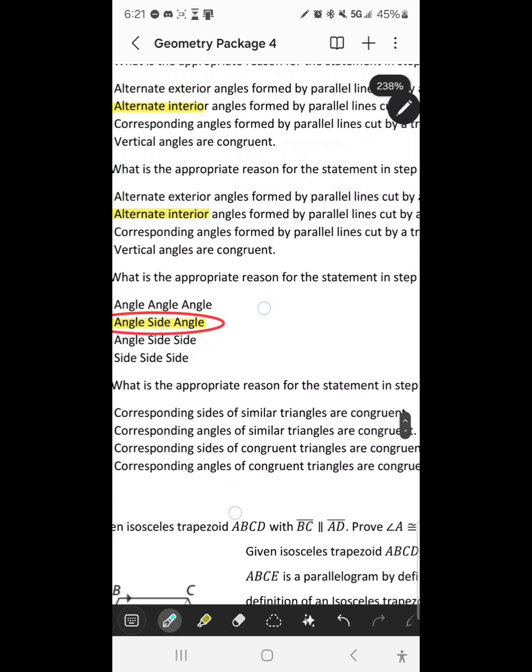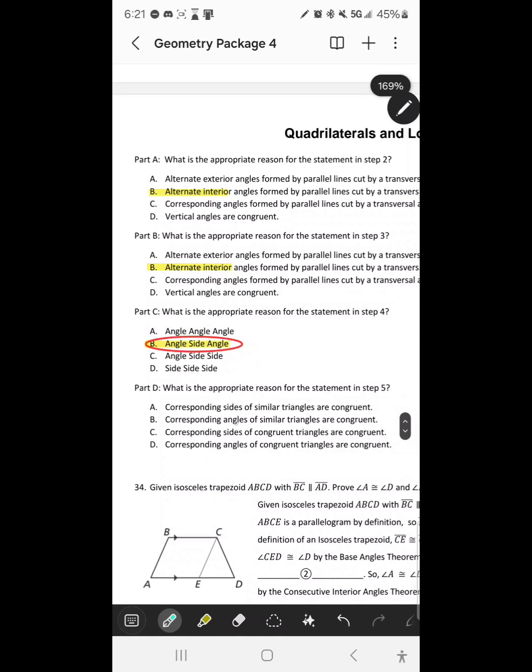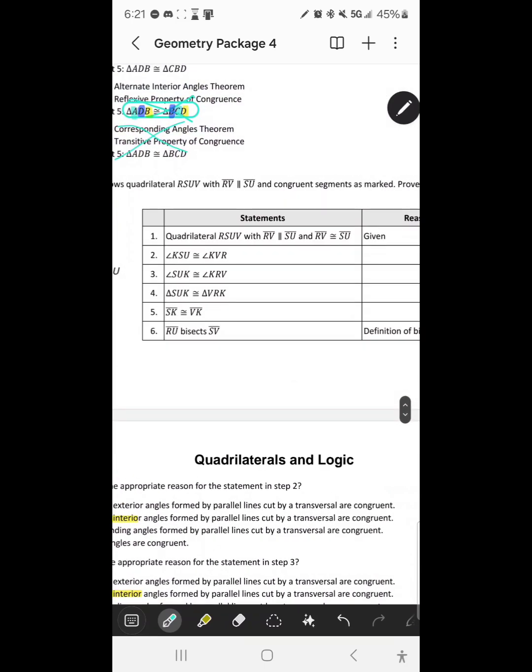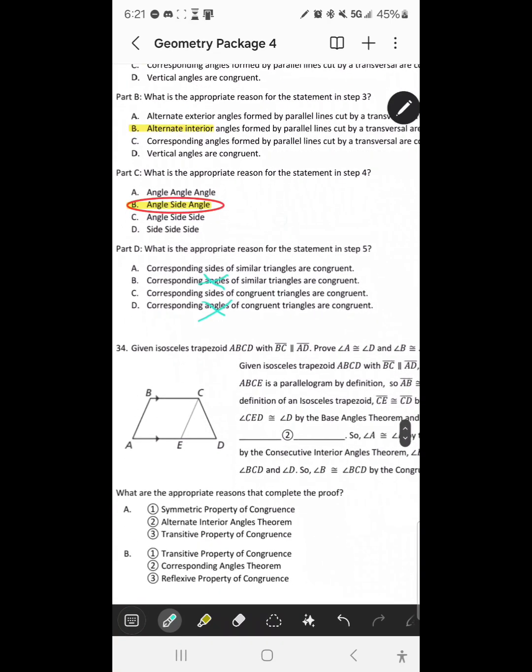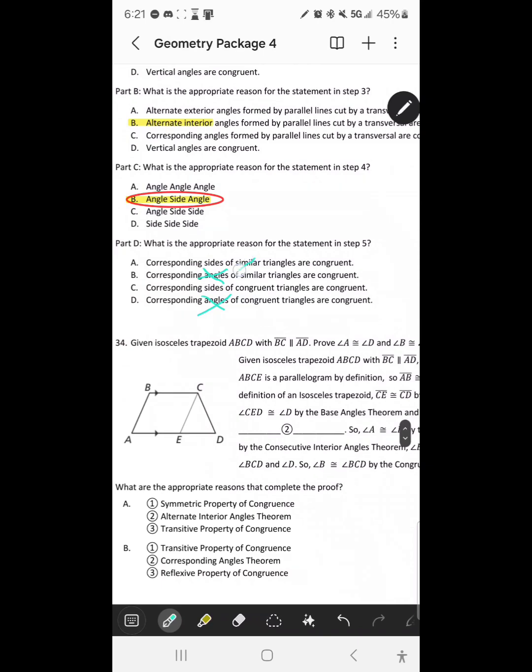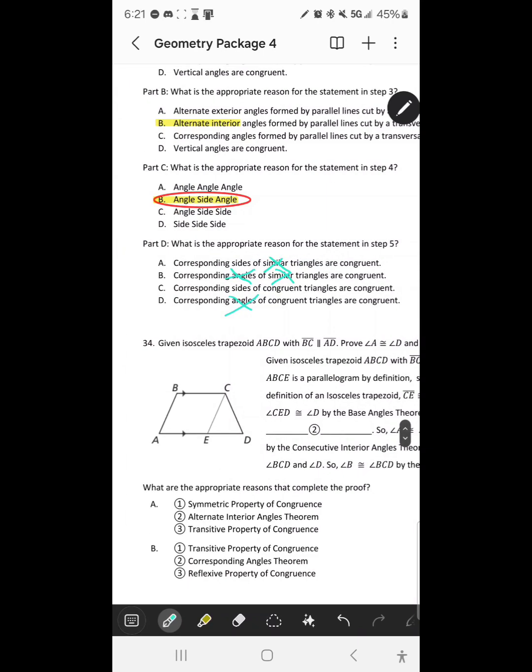They are sides, not angles, and then we are looking for congruent triangles. We established that they are congruent or similar. This is the sign for congruent. This is the sign for similar. So since they are congruent, we are not looking at similar here. And our answer is C.